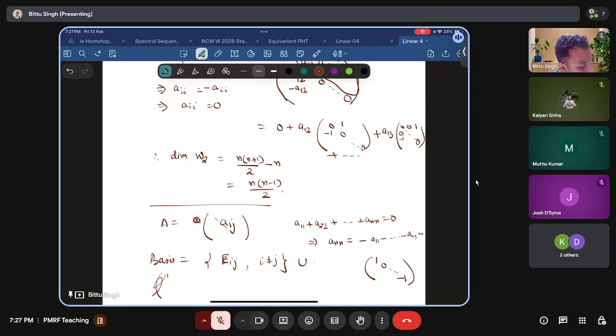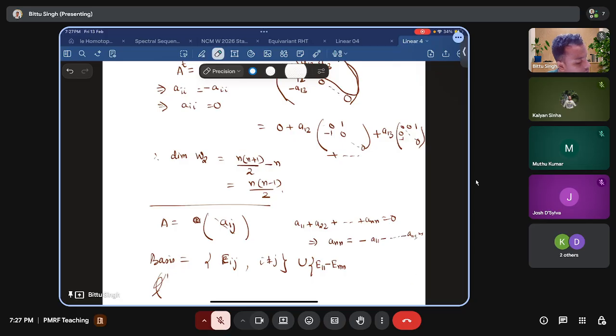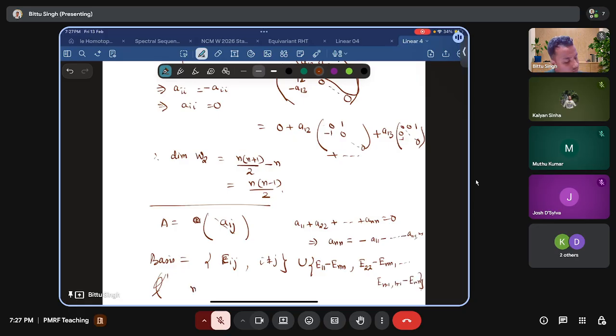So the other elements will look like E11 minus ENN, E22 minus ENN, up to En minus 1 n minus 1 minus ENN. So the dimension is n square minus 1.